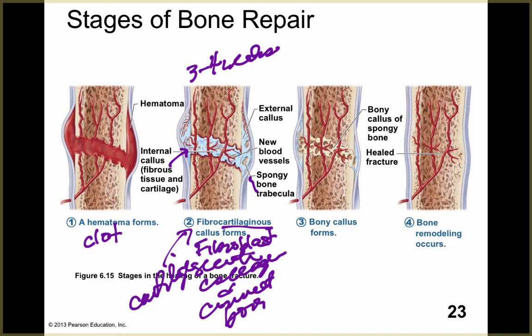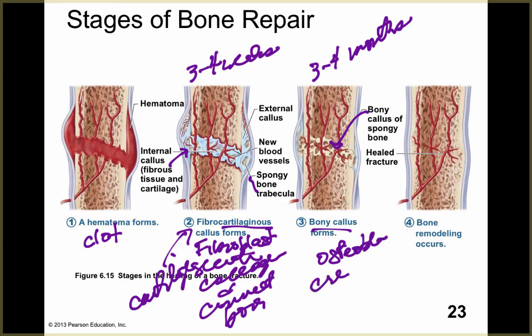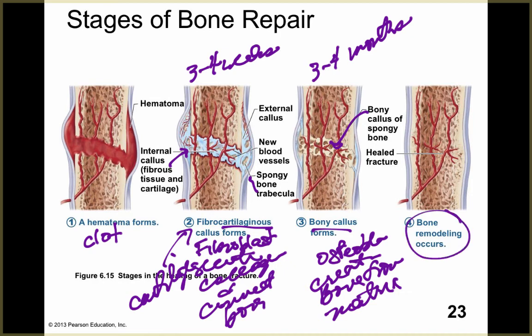Now, a bony callus will start forming, and you can see here that this is where you're starting to form spongy bone. This happens within 3 to 4 months. And here, you're having osteoblasts that are creating bone from the matrix that's present. And step 4 is bone remodeling.